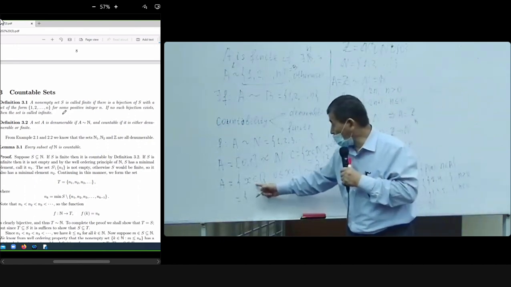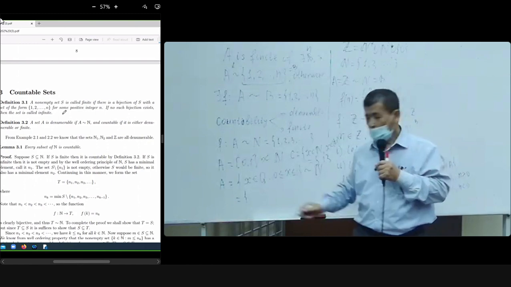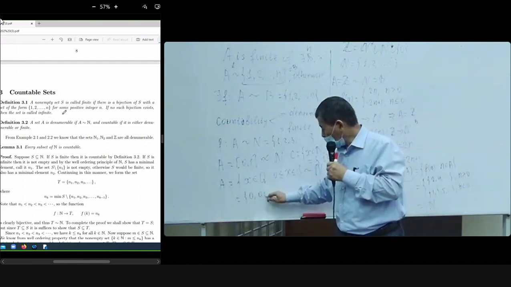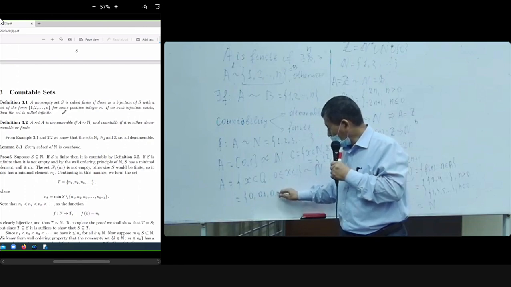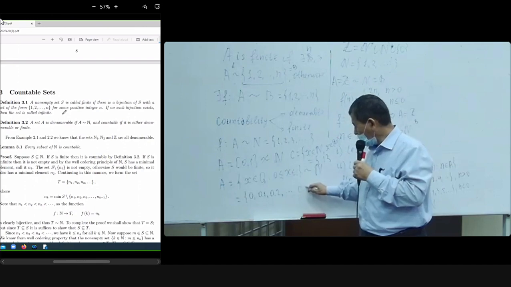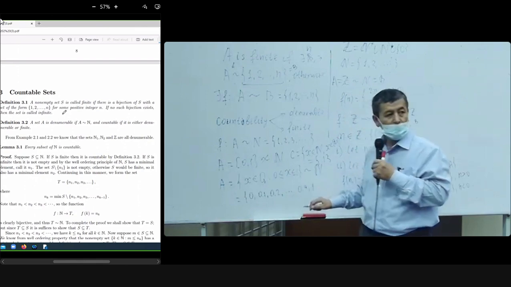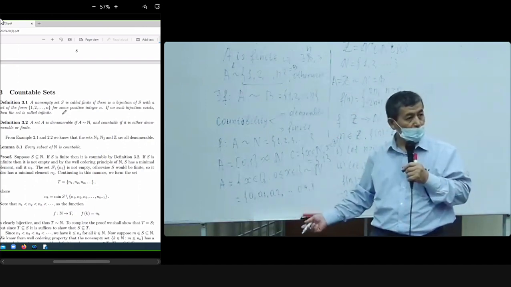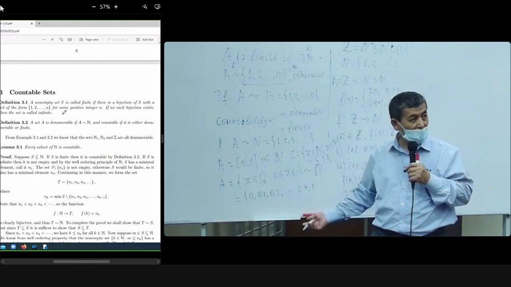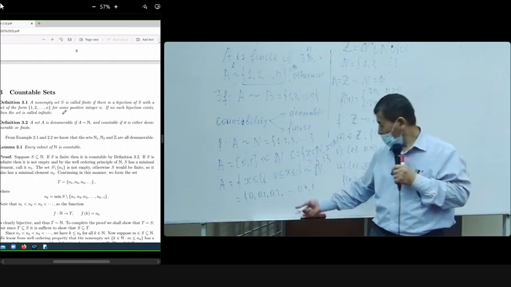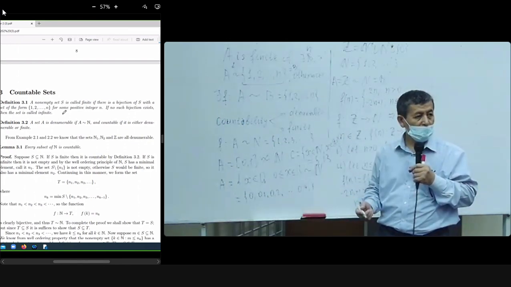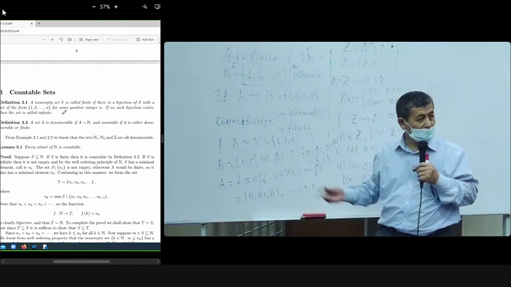So x belongs to the Q. So 0, 0.1, 0.2, 0.9, and 1. That's all, or do we have some more? Rational numbers. Only 10? 1, 2, 3, 4, and 10. 11. No more?